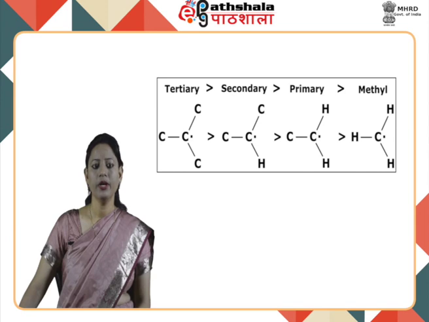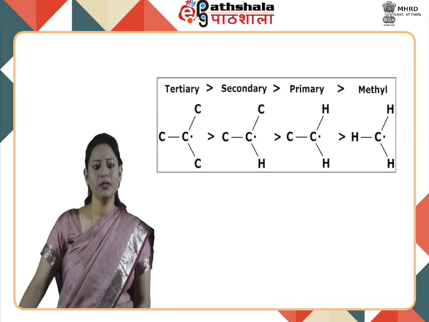For example, the bond dissociation energy of ethane is 98 kilocalorie per mole, which is less than methane, which is 105 kilocalorie per mole. Thus, the order of stability is tertiary alkyl radical much greater than secondary and then primary, and the methyl free radical is the least stable.